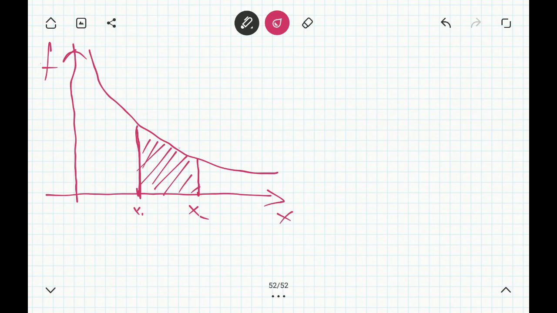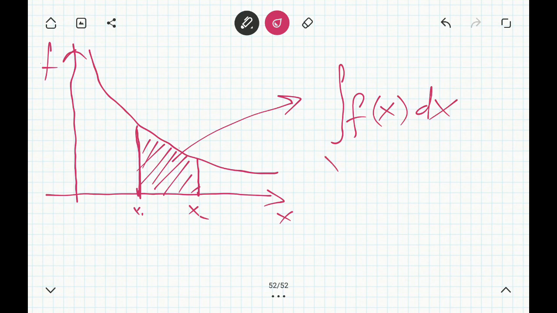And again, if you remember your calculus, then you will know that that area is just the integral of your density function over x, starting at x1 and ending at x2.